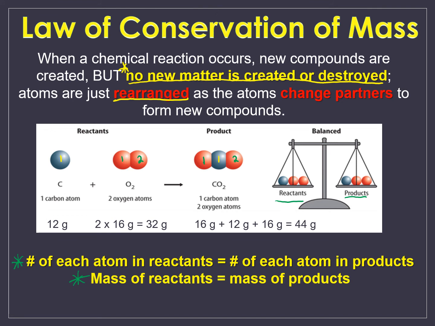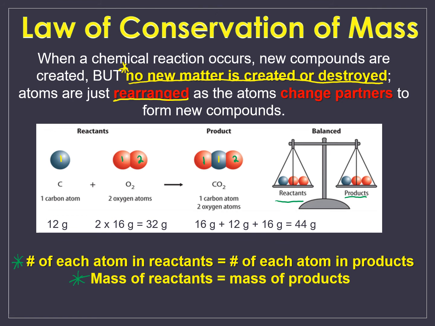So I see that the mass of 1 carbon is 12 grams, and I got this number by looking at the periodic table. And also by looking at the periodic table, I see that the mass of 1 oxygen atom is 16 grams. And since there are 2 oxygen atoms, I have to take the mass of 16 and multiply it by 2, which gets me the mass of the oxygen molecule to be 32 grams.